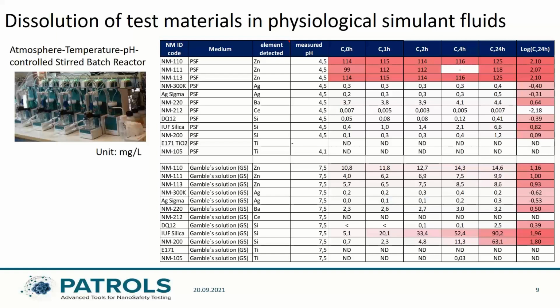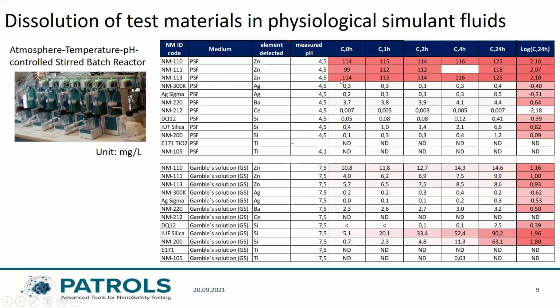Looking into the results, we see here for the materials in faecal-lysosomal fluids and in Gamble solution the time point solubility limits in the reactors for 0, 1, 2, 4, and 24 hours, and then we see the logarithmic conversion here at 24-hour concentrations. And clearly, the zinc oxides are heavily dissolved in faecal-lysosomal fluid.